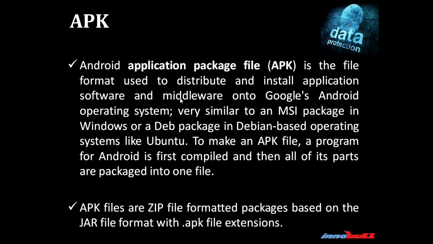To make an APK file, a program for Android is first compiled and then all of its parts are packaged into one file. APK files are zip file formatted packages based on the jar file format with .apk file extensions.